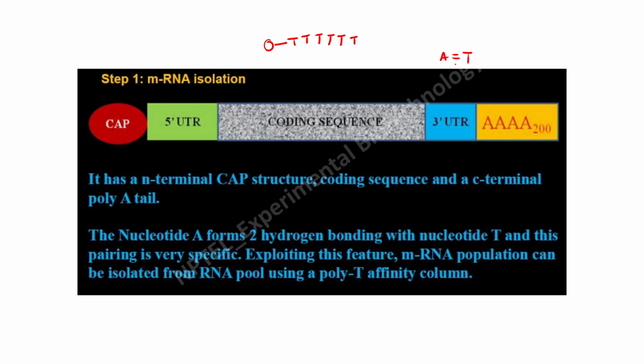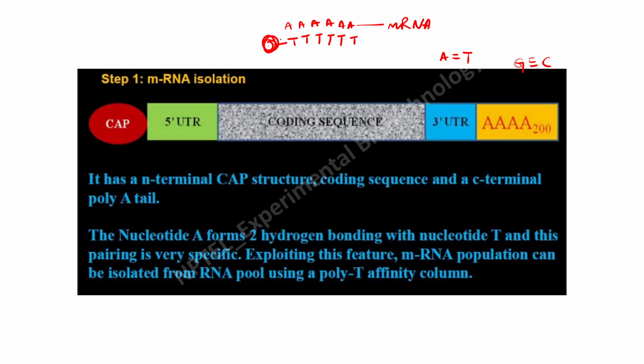You know adenine is complementary to thymine. So adenine forms hydrogen bonds with thymine and guanine forms hydrogen bonds with cytosine, right? So if there is a resin bead that is connected to multiple T residues, wherever it finds adenine residues, it can easily make complementary bonds. It can have complementarity with that poly A chain, and the mRNA can be bound to this resin.